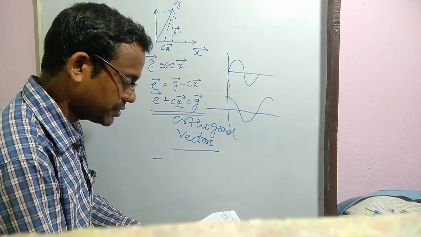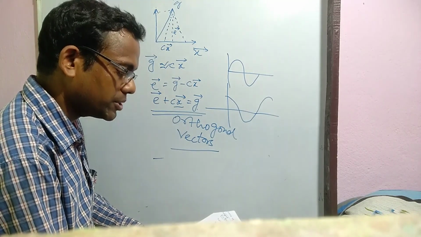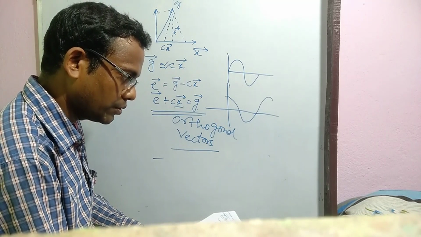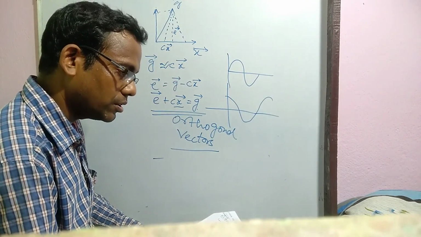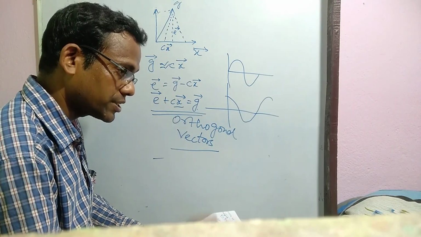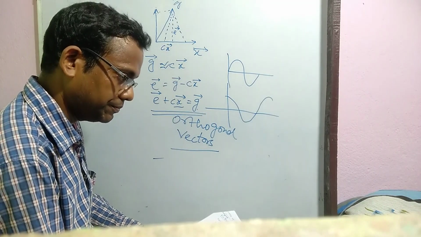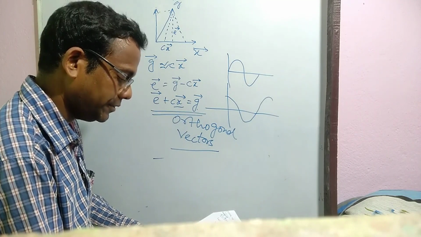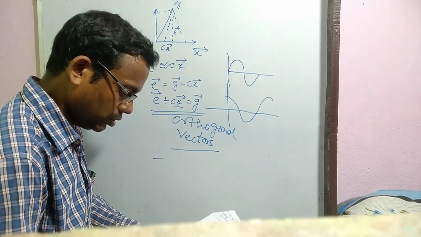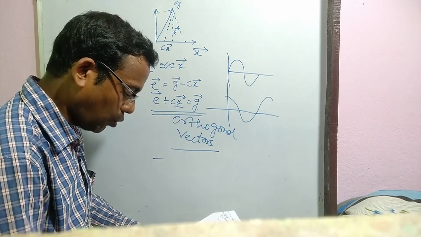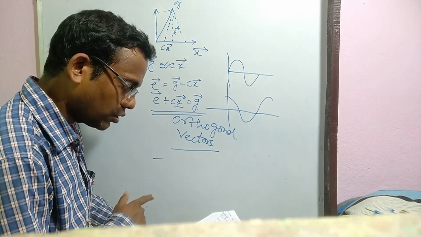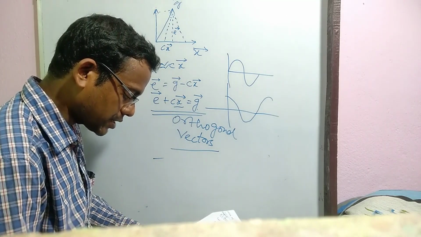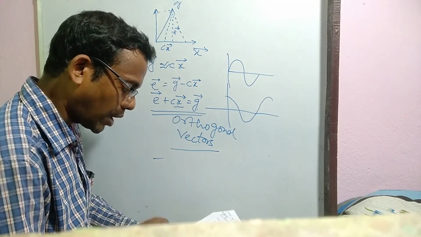But here, two things you should always keep in mind. Whatever discussion we have done applies to signals which are periodic in nature. So this holds only for periodic signals, that the power of a signal is the summation of the power of the individual parts.